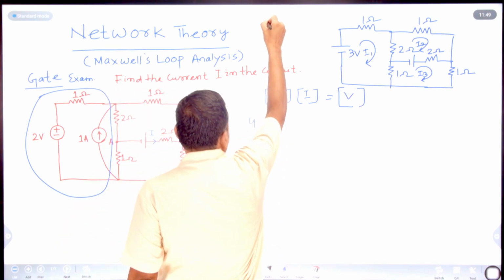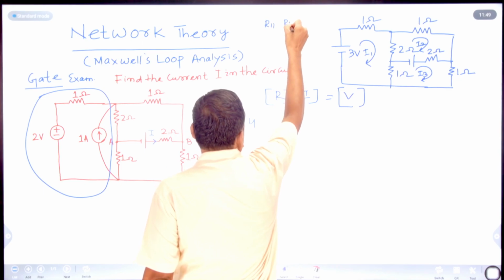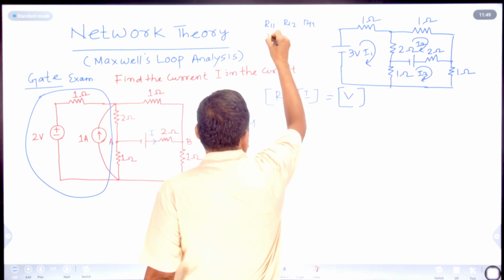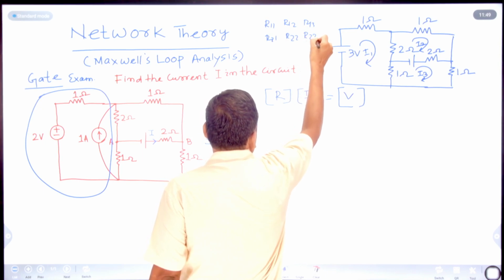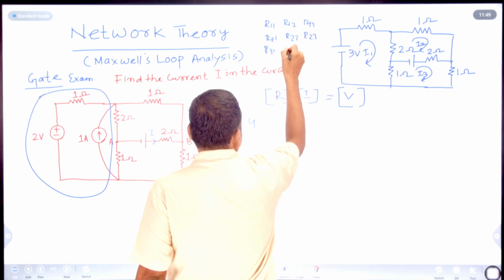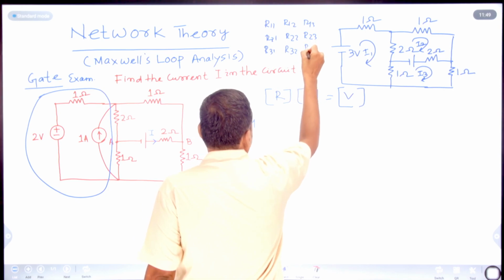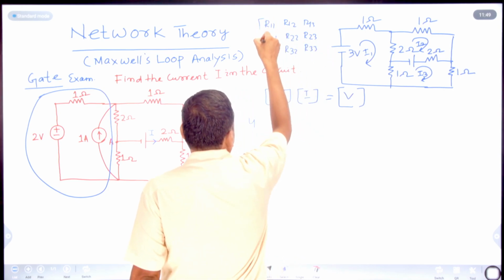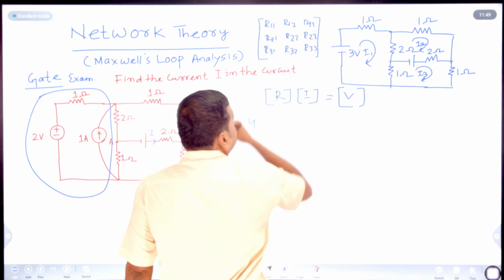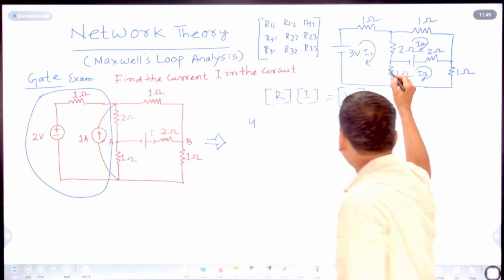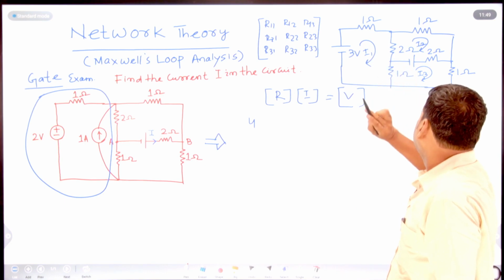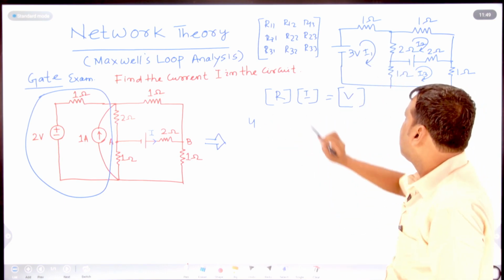Already I told you the resistance matrix R11, R12, R13, R21, R22, R23, R31, R32, R33. This is your resistance matrix. So here R11, the sum of the resistances formed by loop 1, that is 1 plus 2, 3 plus 1, 4.